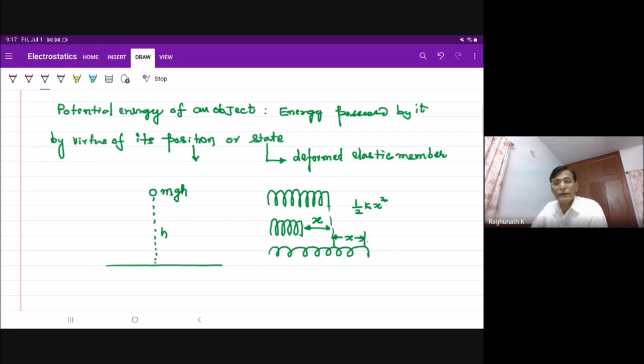In both cases, energy possessed by the spring is half kx squared. When it is not deformed, compressed or elongated, it has no energy. A very, very important statement is there to be understood here.